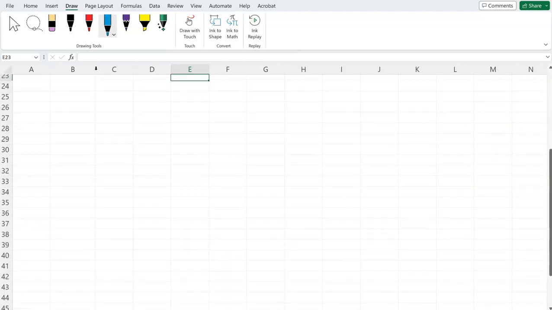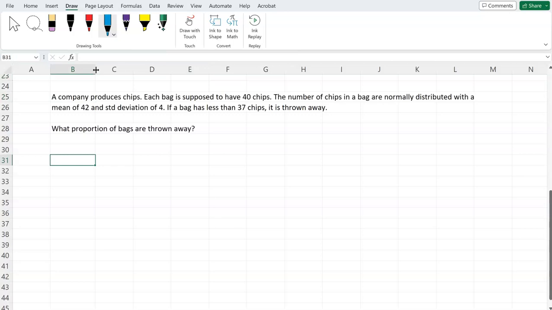So let's look at this problem. Let's say there's a company that produces chips in a bag, and each bag is supposed to have 40 chips. Just to make sure that there's a lot more bags with 40 chips, the company tries to make sure that the average chips in a bag is 42 with a standard deviation of 4.